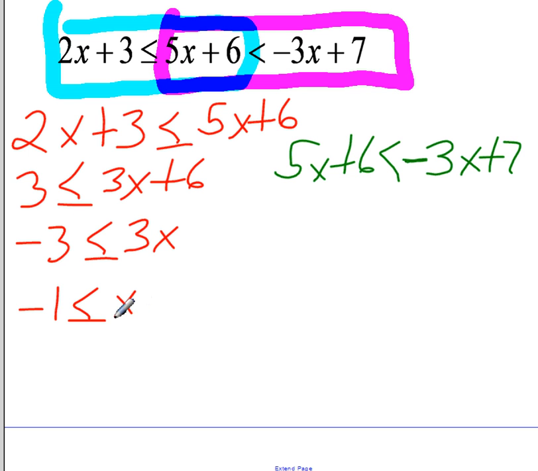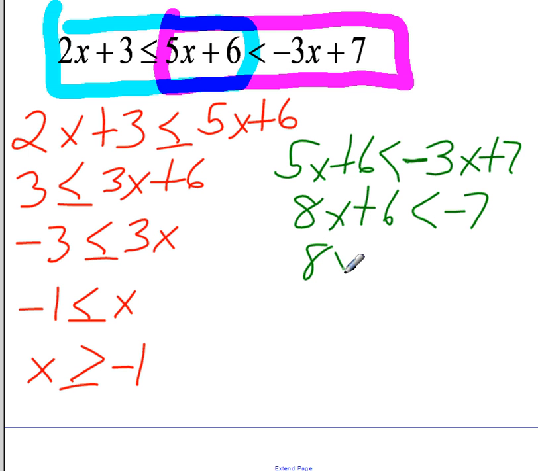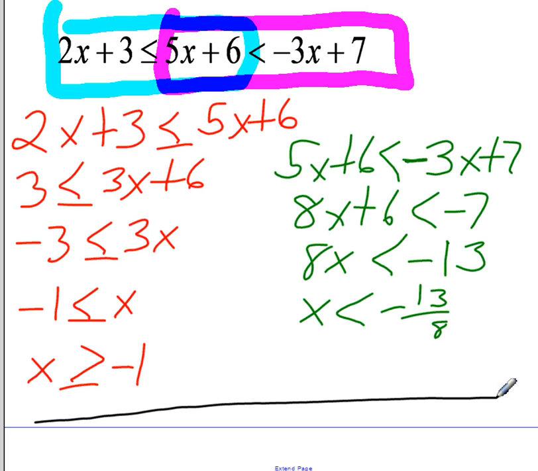Okay. This can be written as x is greater than or equal to -1. Okay. All right, so let me try a number line for this. -13/8 is smaller than -1.